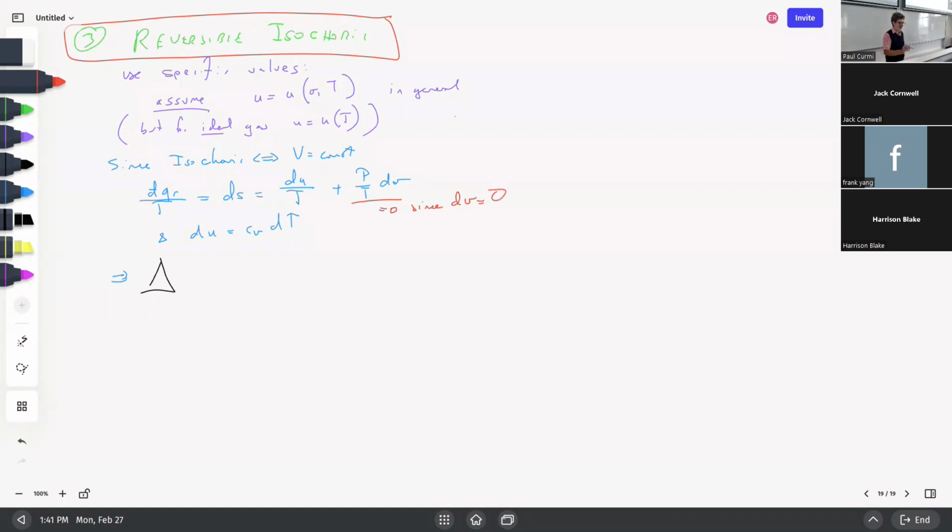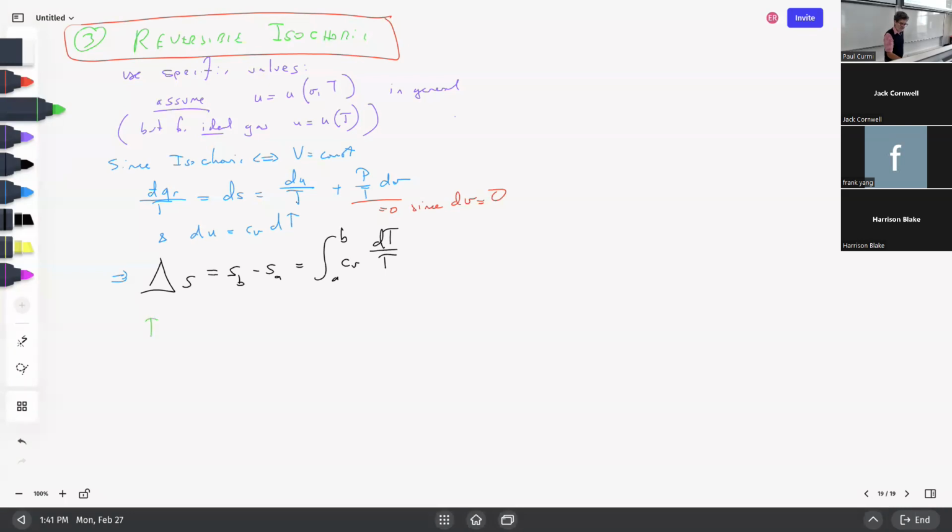Okay. So I do all that. I end up with the change in specific entropy equal to specific entropy at B minus specific entropy at A, which is going to be the integral from A to B of specific heat at constant volume, dT on T. Okay. So again, I've got trouble because I don't know what this specific heat is going to do.